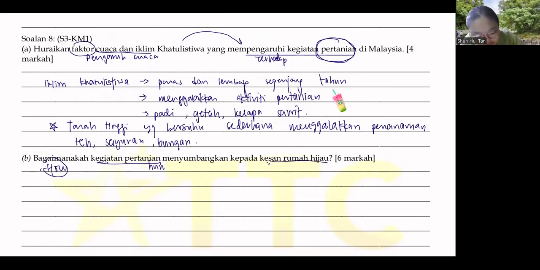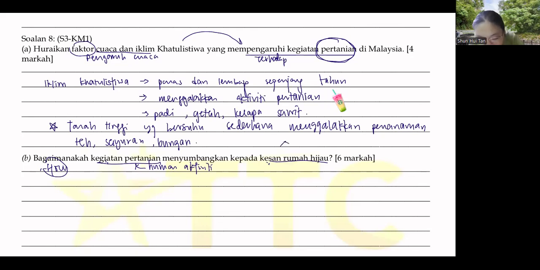How human activity affects the plantations, causes the kesan rumah hijau. In this situation, how are you gonna explain? See, this is a human activity, yeah? So basically, they are asking you how kesan rumah hijau happens. But they highlight to tell you, explain in pertanian. Then what does this have to do with this?